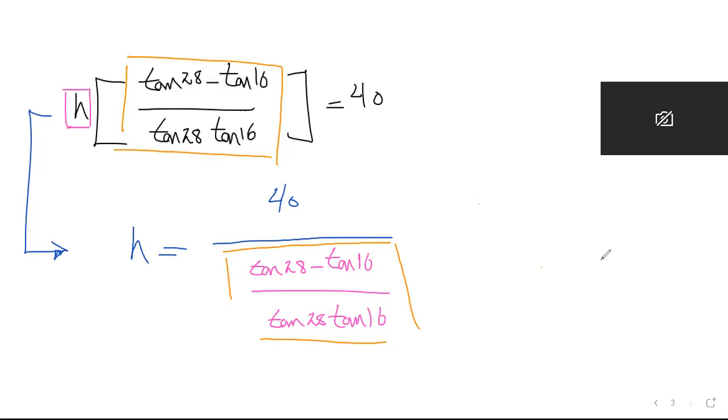Now, you say, what is the actual value of the height? You find it on your calculator: tangent of 28, tangent of 16, you solve it and divide 40 by it. Everyone has a calculator right now? Yes? It's good practice.